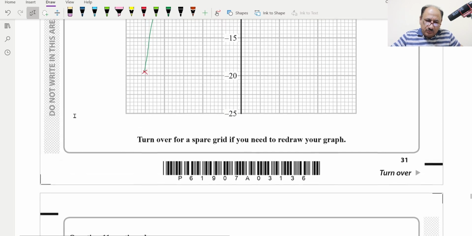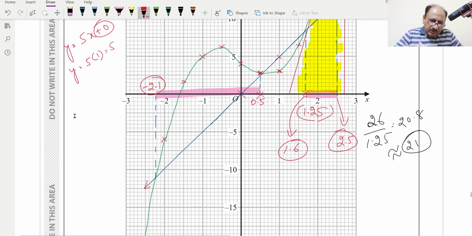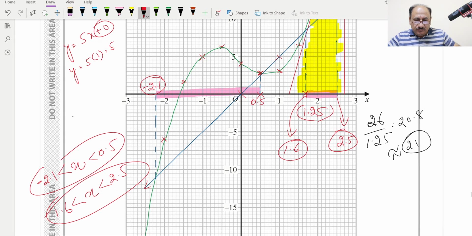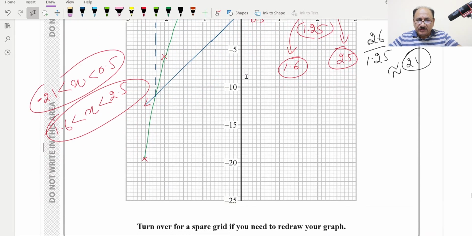So x should be greater than minus 2.1 and less than 0.5, and the second range will be greater than 1.6 to 2.5. So these two are the ranges which we have to provide for this answer.